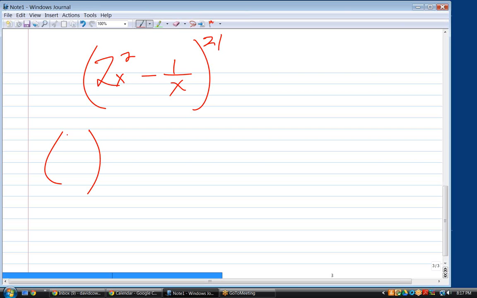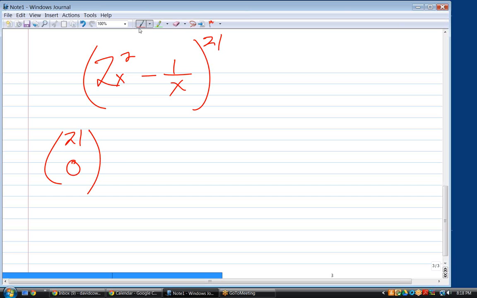It would be 21 choose 0 times 2x squared to the 21st.